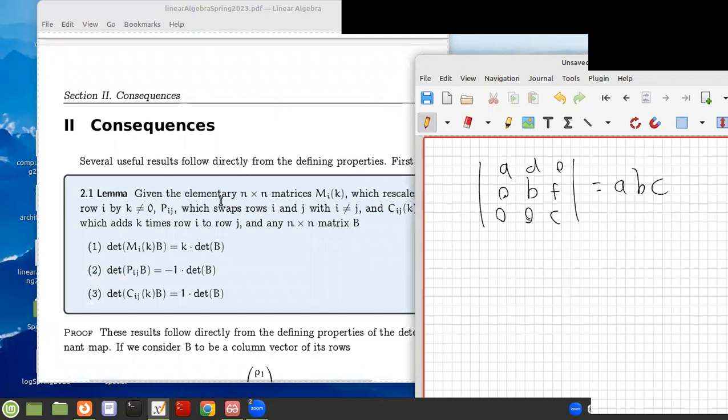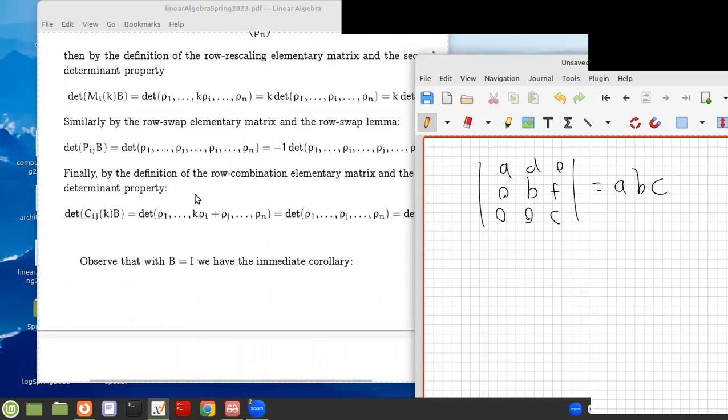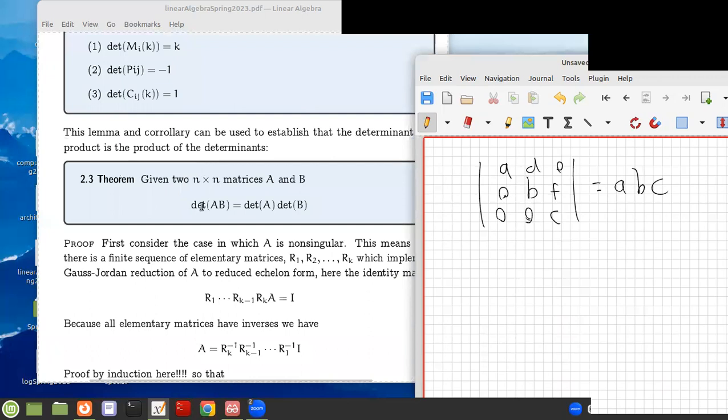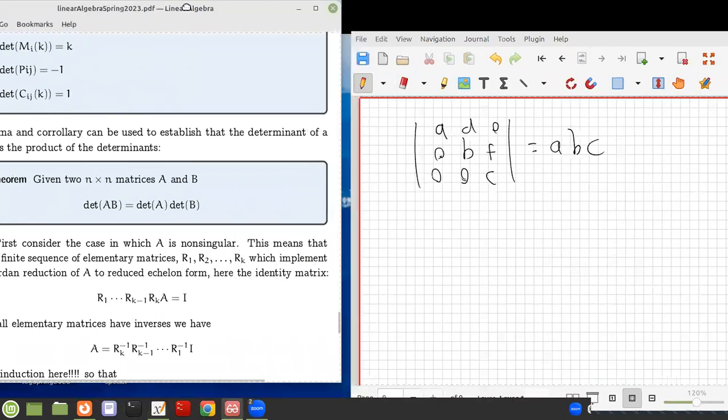Consequences: you can look at the elementary matrices. All the elementary matrices have inverses, and you can figure out their determinants, and then there are also some results you can get.